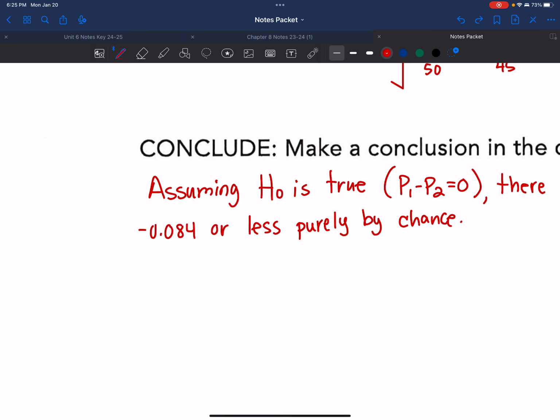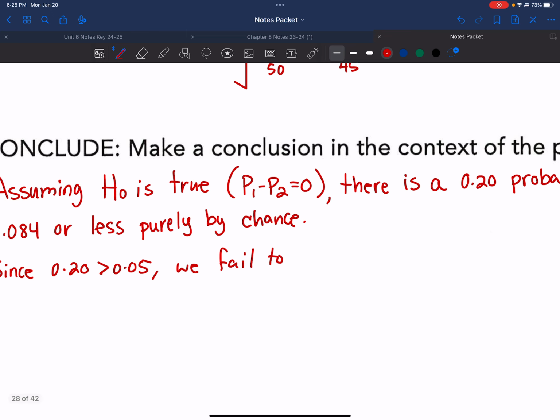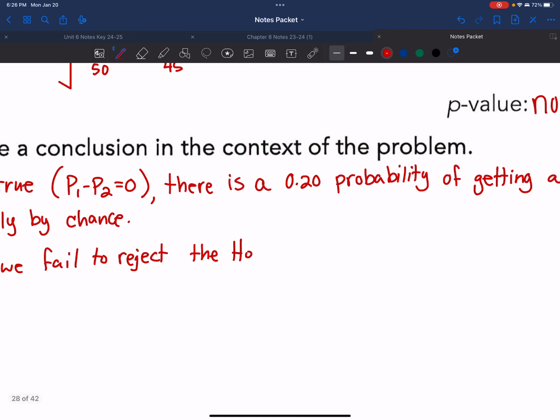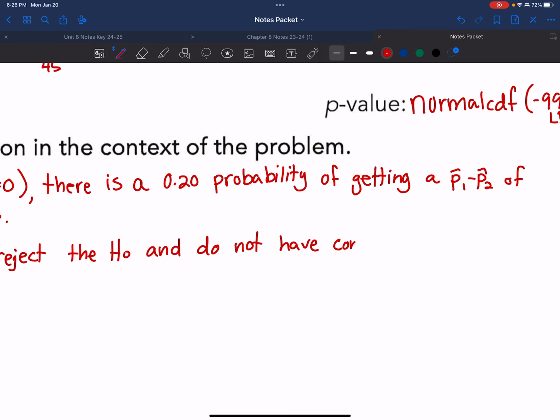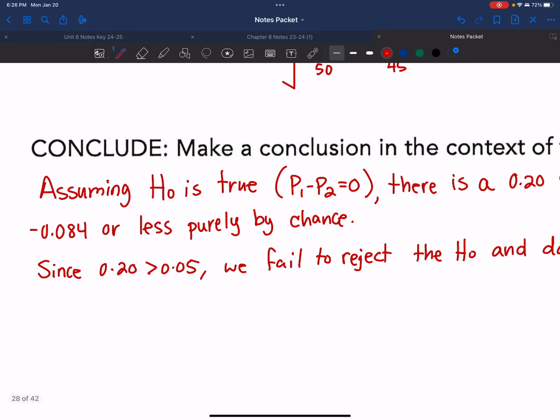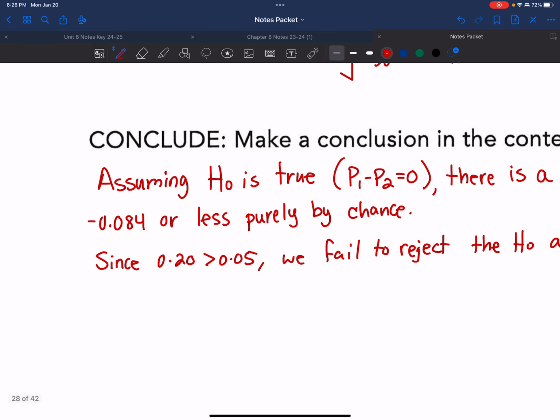So I would say since 0.2 is greater than 0.05, we fail to reject the null, and do not have convincing evidence that a higher proportion of seniors go to prom.